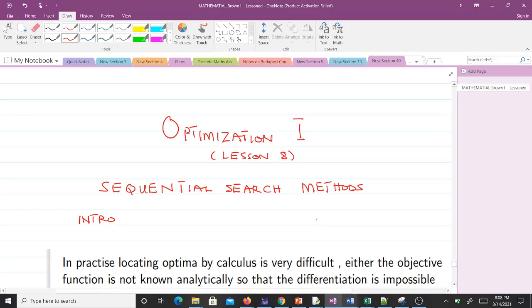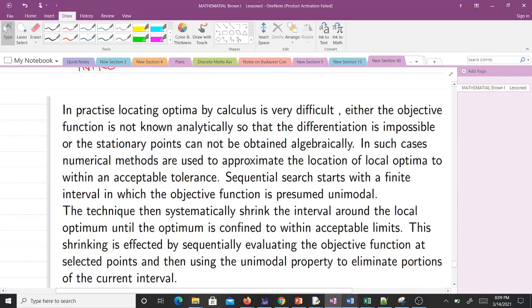So far in optimization, we've been learning how to optimize objective functions, and we have so far learned classical methods. But in practice, locating the optimum by calculus is very difficult, and this is because either the objective function is not known analytically so that differentiation is impossible, or the stationary point cannot be obtained algebraically.